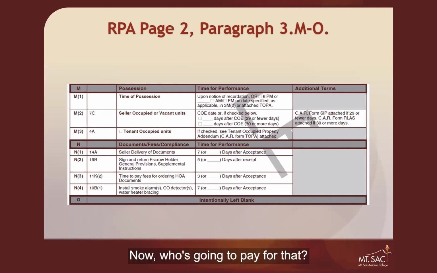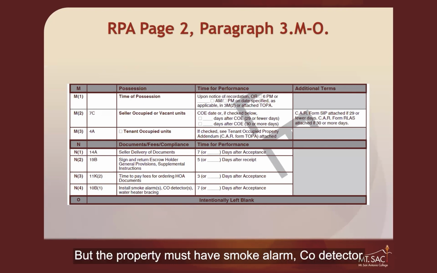Now, who's going to pay for that is in a later paragraph. But the property must have smoke alarm, CO detector, and water heater bracing within 7 days after acceptance if it's not already there.